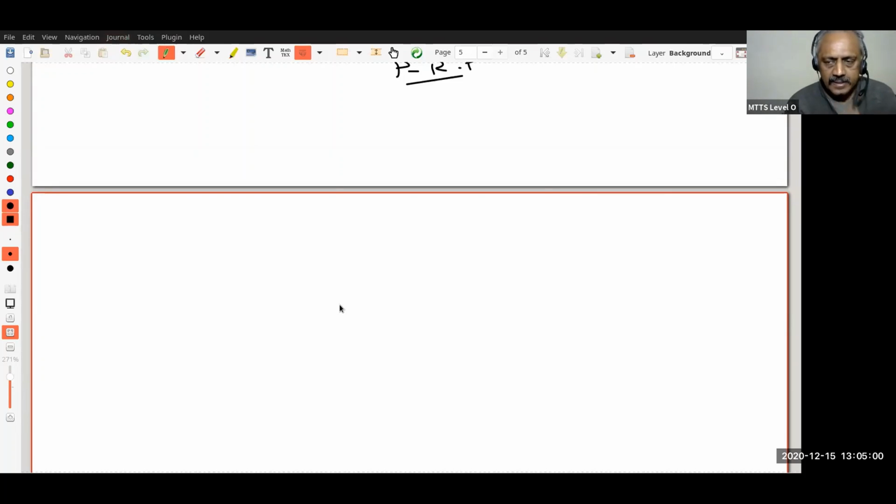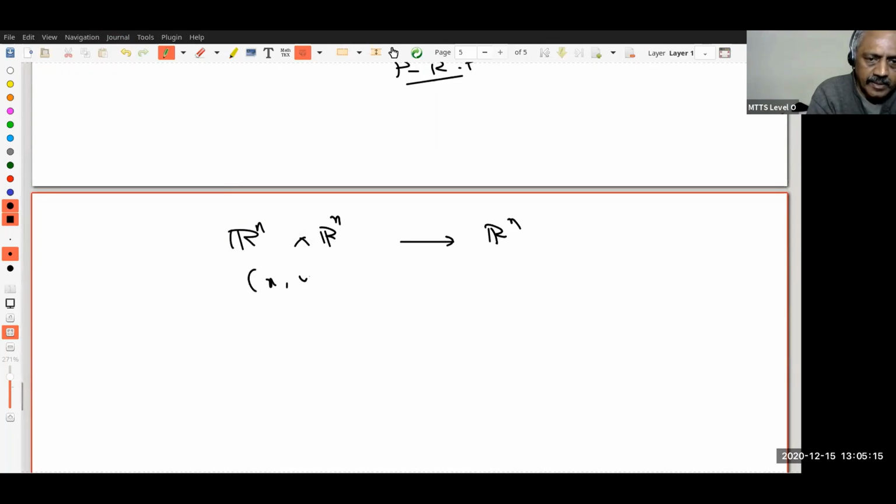Right? Okay. Now let's look at the earlier example which I did and a similar thing. Let's look at Rn cross Rn to Rn given by (x, y) going to x plus y. This is the vector addition. Call this alpha.